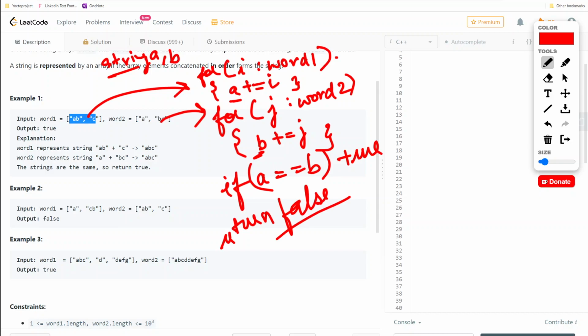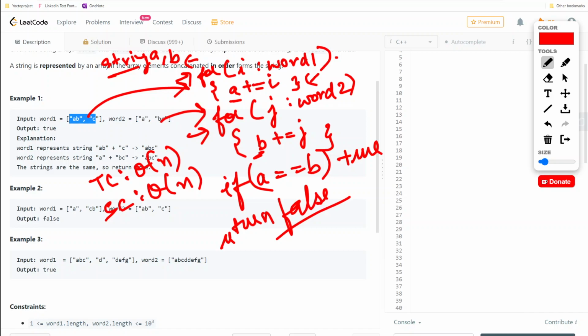So this is something we can do directly, and the time complexity for the same would be order of n, because you can see, right? And the space complexity would also be order of n because of this thing. So this was the order of n time complexity, order of n space complexity solution.